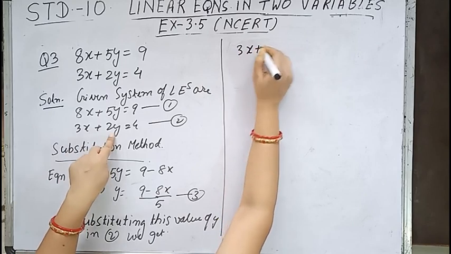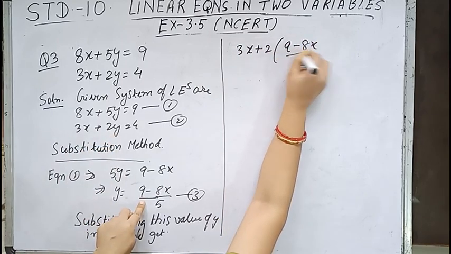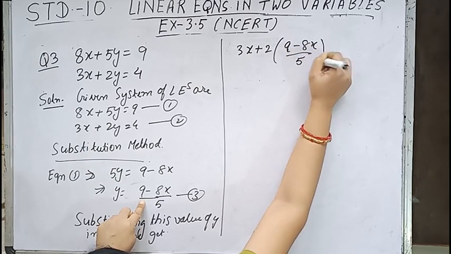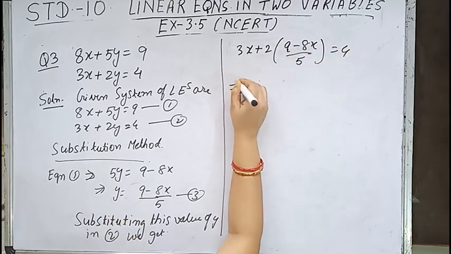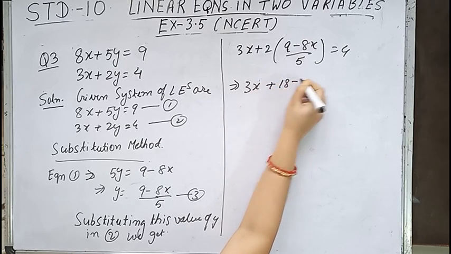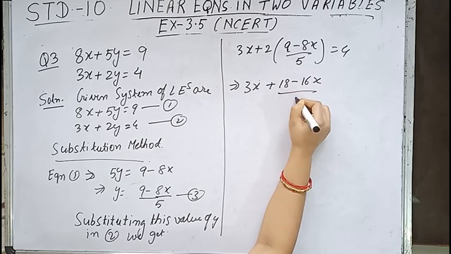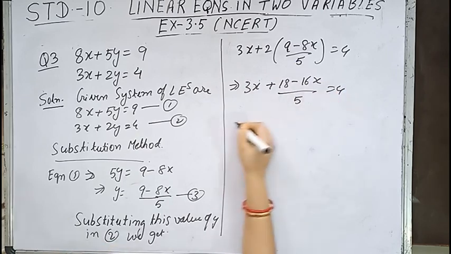3x plus 2 into 9 minus of 8x by 5 equals 4. This implies 3x plus of 18 minus of 2 8s are 16x by 5 equals 4.